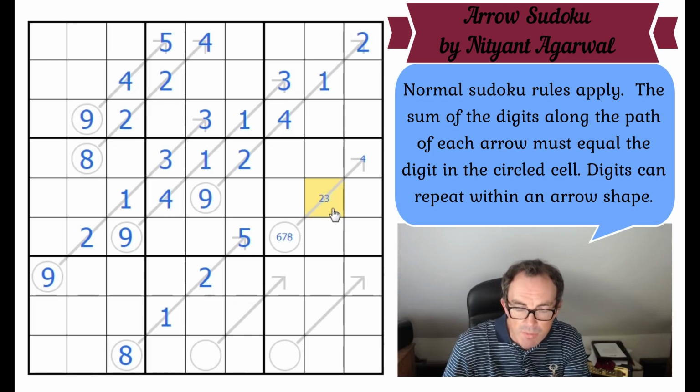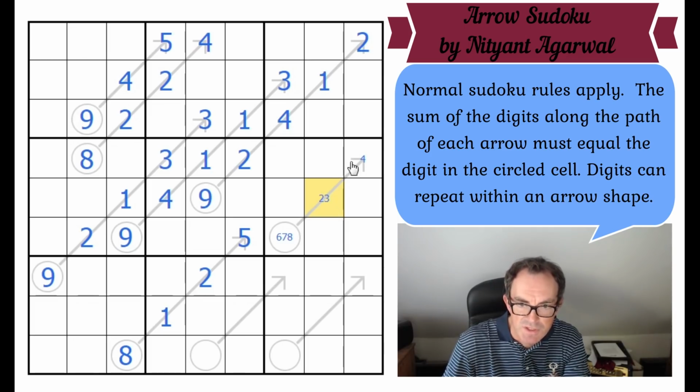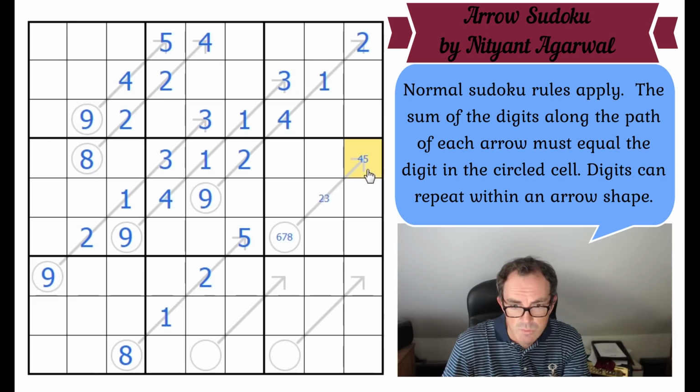It can't be 5. If it's 5, this has to be at least 4, and this would be 9, and it can't be 9. So this is just a 2 or a 3. This square, it could be 5, I think, or 6, or perhaps even 7. Oh no, 7 would need to lead to 9 again. So this is 4, 5, or 6.